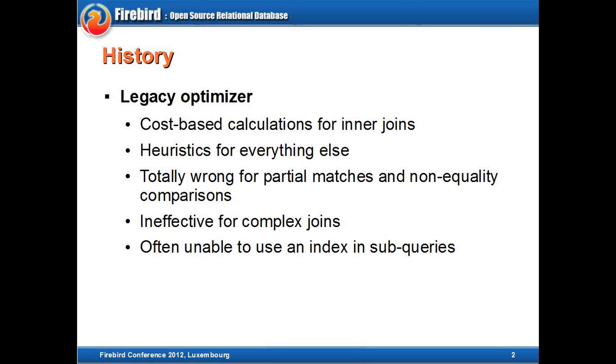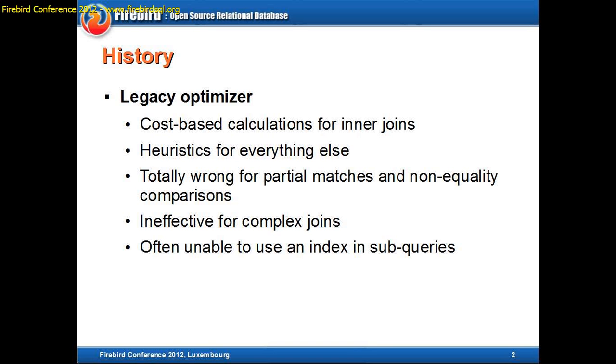For example, it was also always trying to use an index for sorting if it's available. For example, it will never use sort merge join if the index is available that could make the nested loop join possible, and so on.